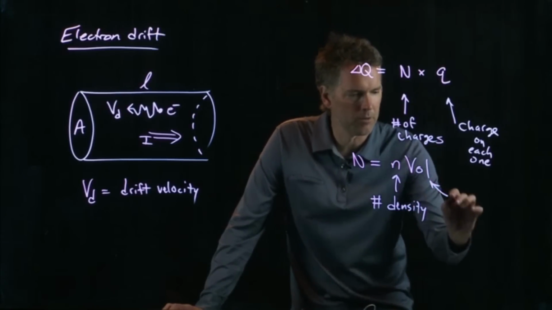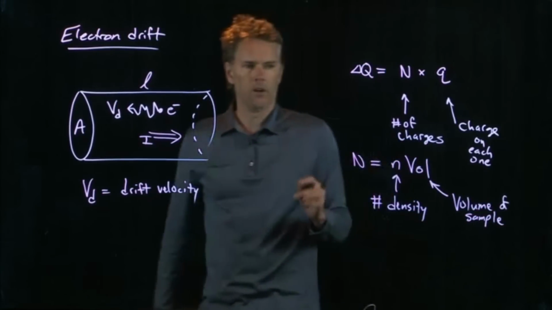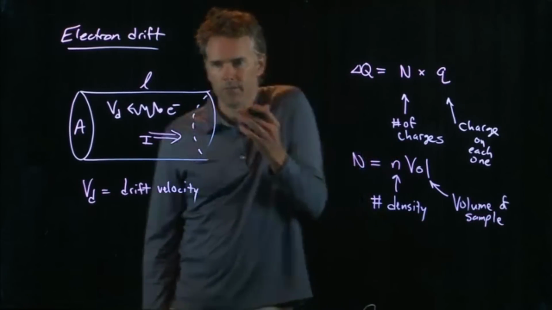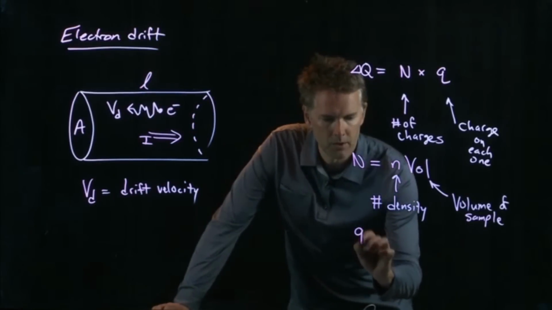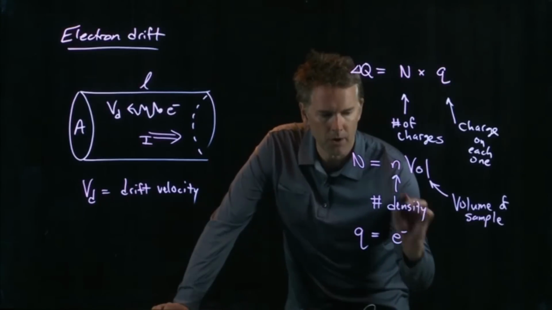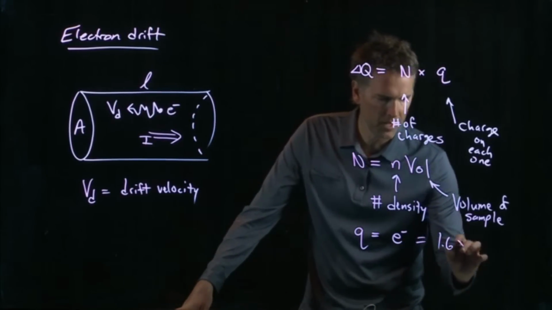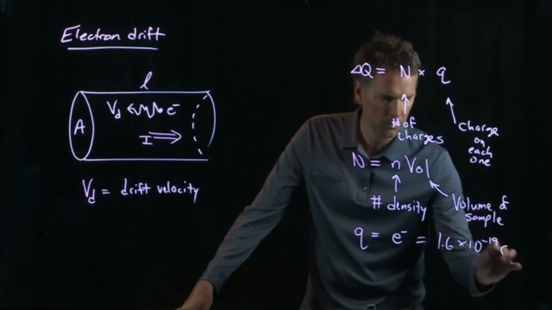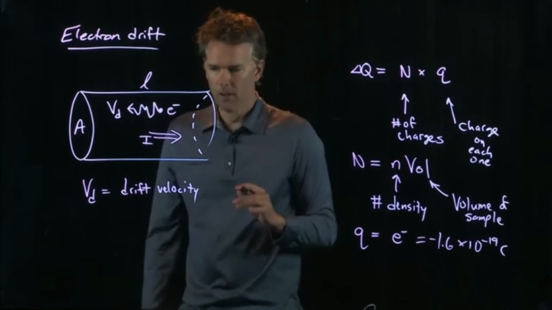And this is, of course, the volume of our sample. Q is the charge on each one, and that is, of course, one electron. Okay, and we know what that is. That's 1.6 times 10 to the minus 19 coulombs, and it's got a negative sign on it.